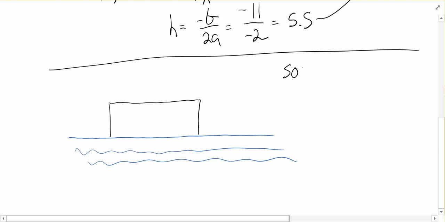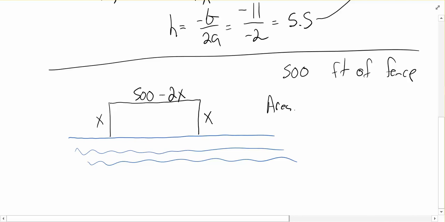And let's say I have 500 feet of fence. Well, at that point, my side lengths could be x, x, and 500 minus the two x's that I already have. So that now the area would actually be x times 500 minus 2x.